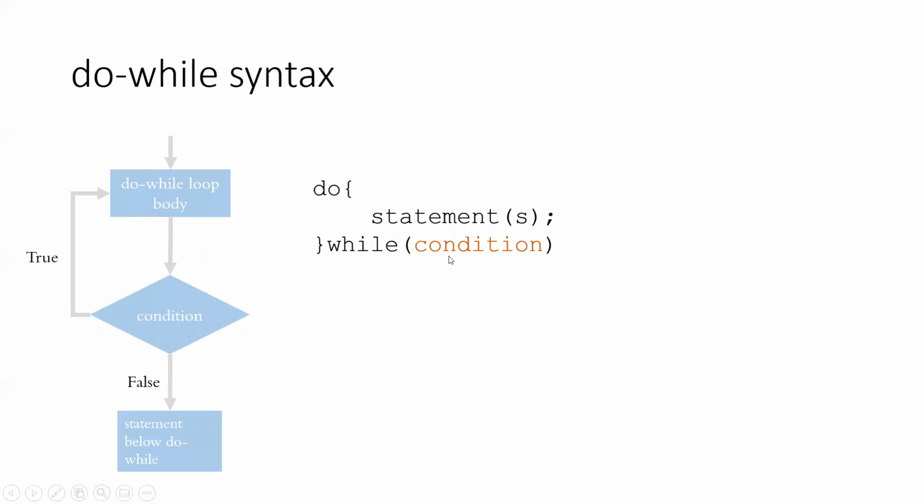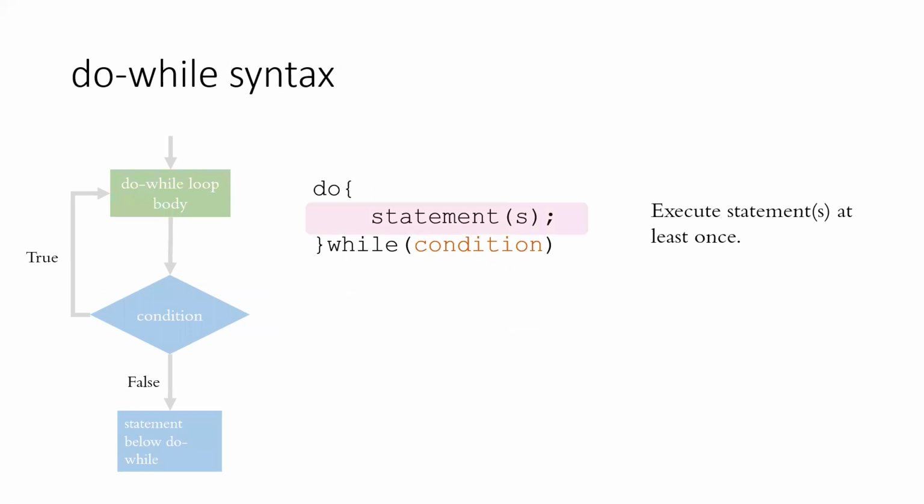Here's the syntax of the do while. This is your flow chart and then your syntax. We have the do, followed by the do while loop body, or the group of statements that are executed at least once, and at the bottom is the condition.